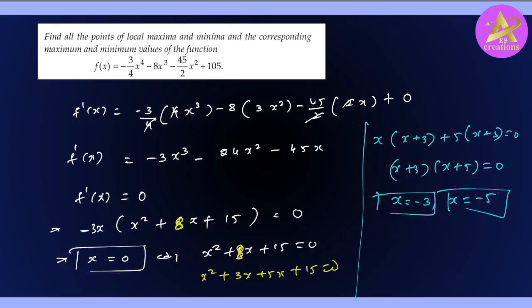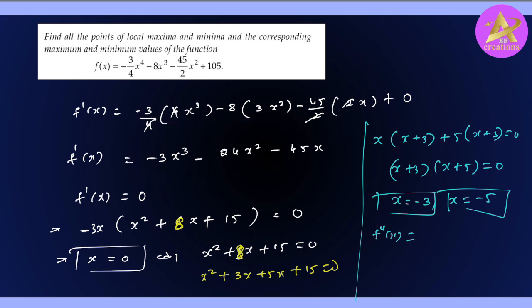Now again we have to check which points are local maxima or local minima, and finally we have to find the maximum and minimum values also. For that we need the double derivative f double dash of x, again differentiating this function.